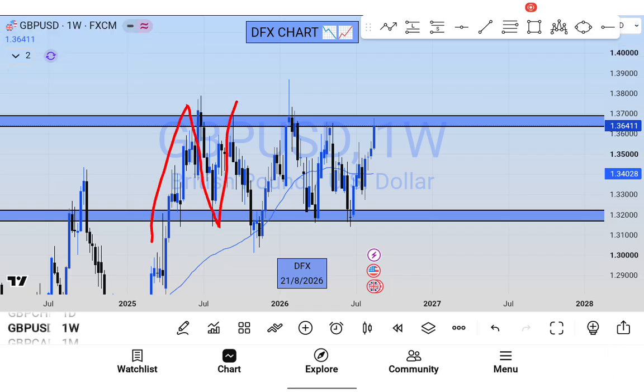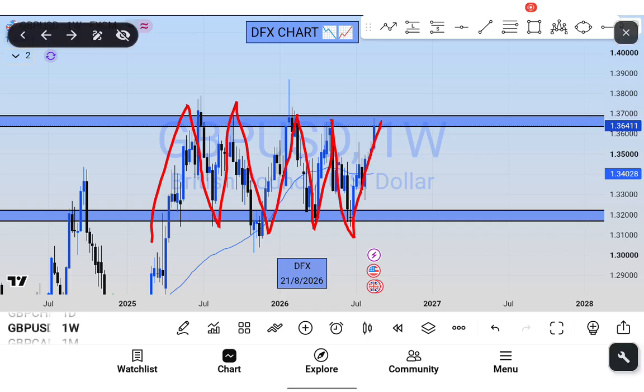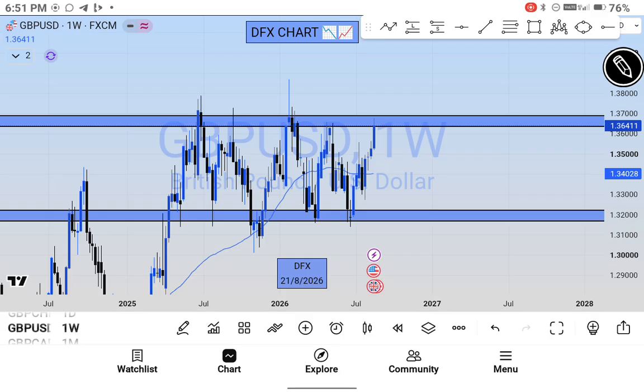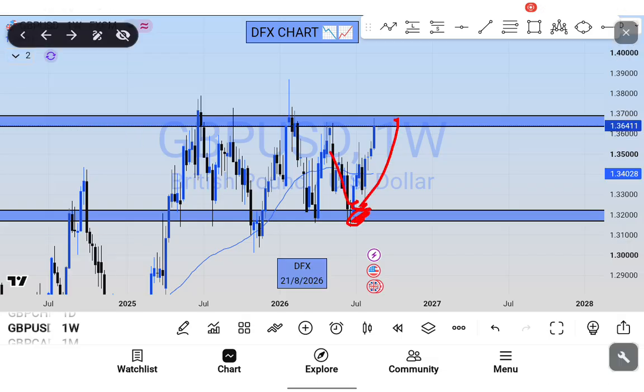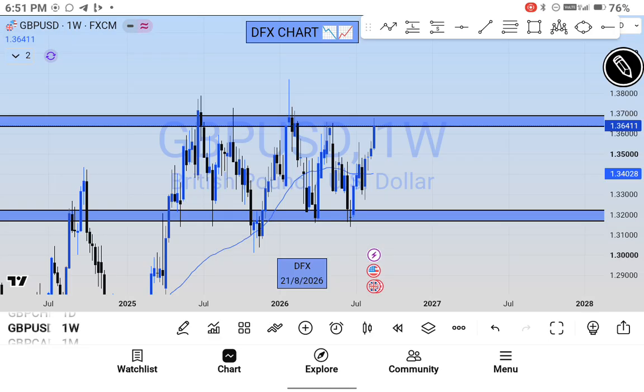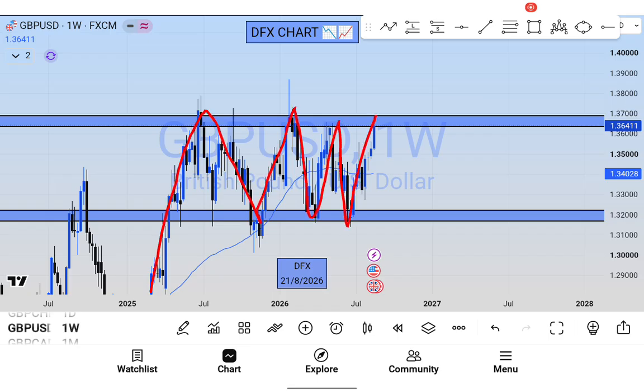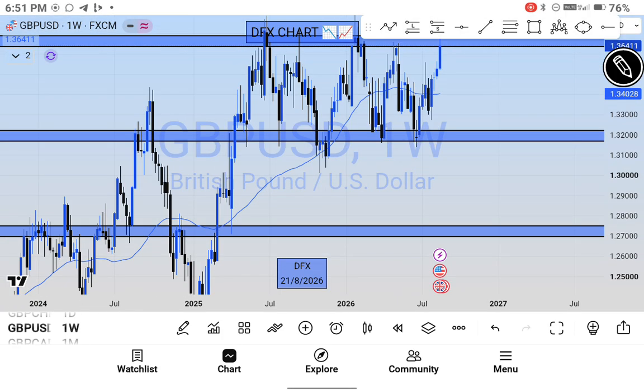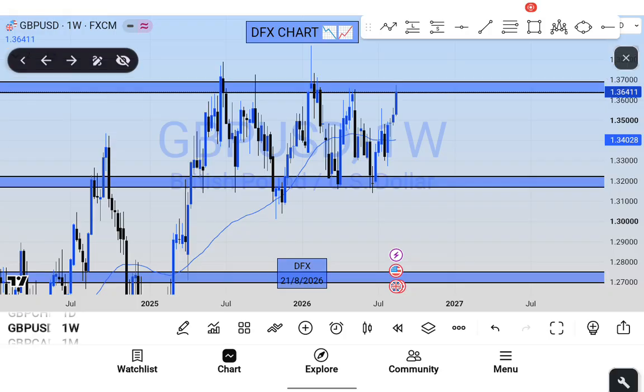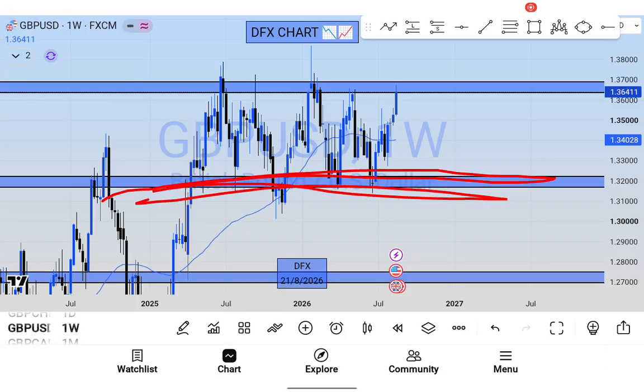We can see that the market has been ranging in between this support and this resistance, right? And before, when we were here, I said the market is pushing to this side. So based on the market, the price is bullish. This trend is actually a bullish trend because we are still trading above here, right?